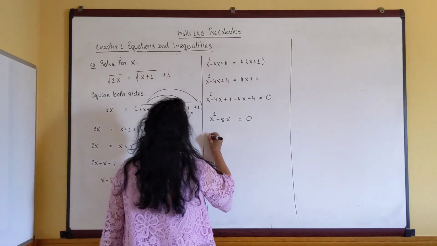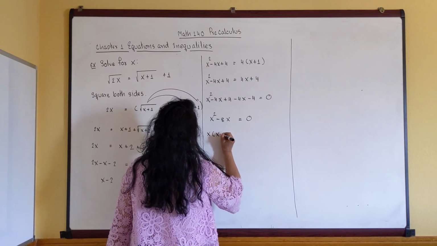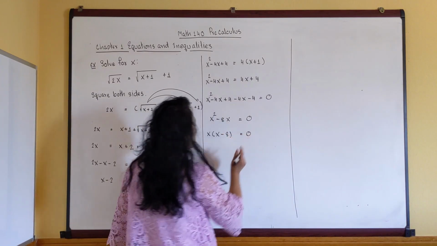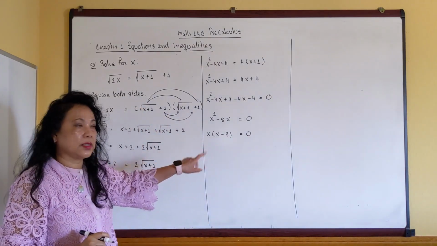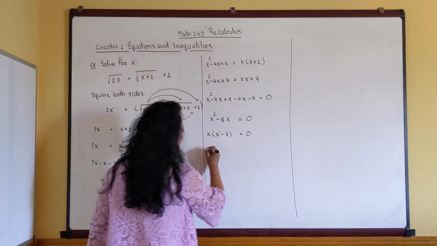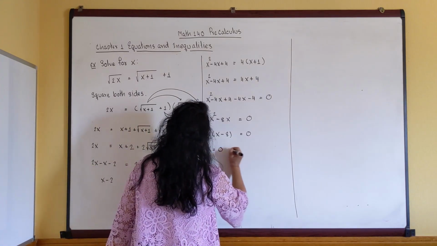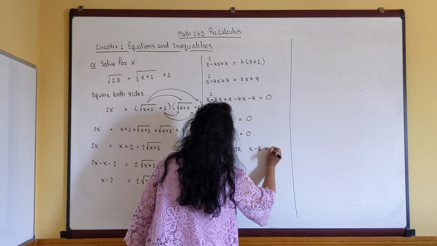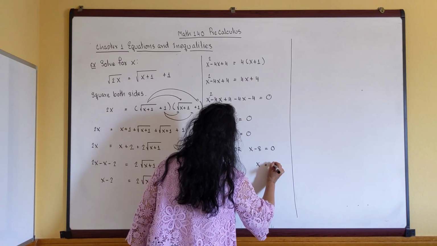I'm going to factor out the x, so I have x times x minus 8 equal to 0. Two terms multiply each other to get 0. One of them has to be 0, or both of them will be 0. So either x equal to 0 or x minus 8 equal to 0. So x equal to 8.